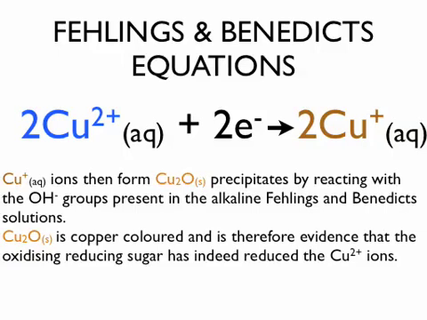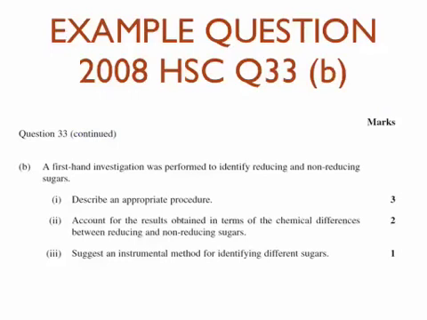This copper oxide is a precipitate that's reacted with the hydroxide groups present in an alkaline Fehling's and Benedict's solution. Copper oxide is copper colored, and therefore that's the evidence that the oxidizing reducing sugar has indeed reduced the copper 2 plus ions. So there's your tests that you need to know. Fehling's and Benedict's are copper 2 plus, Tollens deal with silver plus.